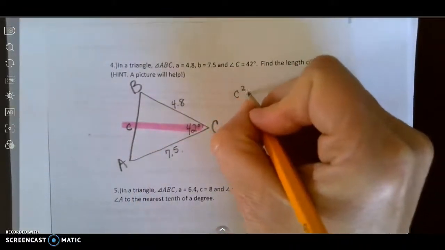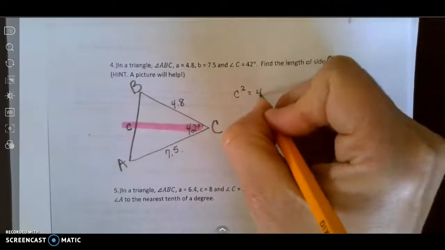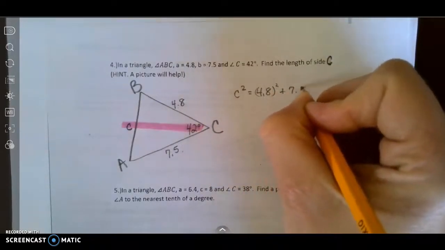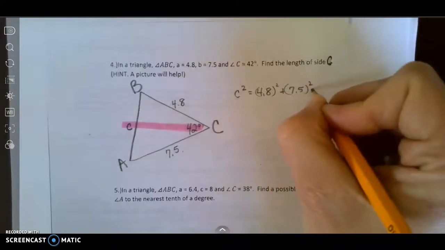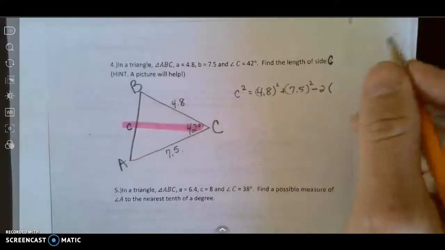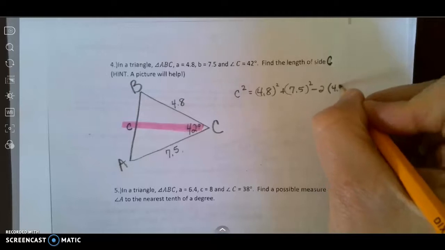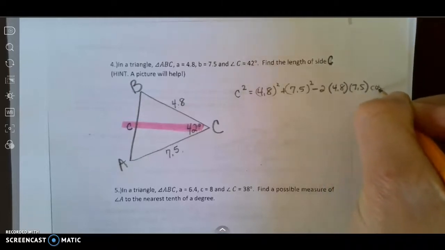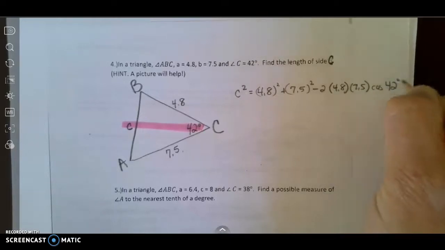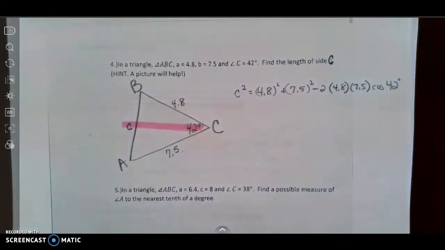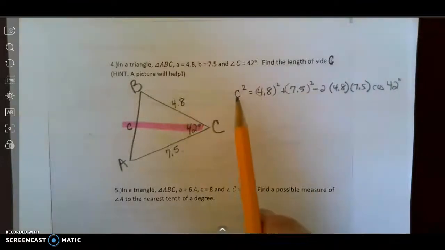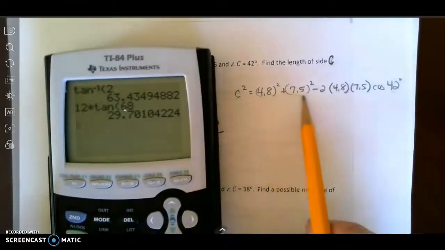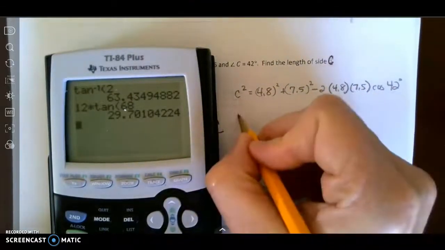C squared equals 4.8 squared plus 7.5 squared minus 2 times 4.8 times 7.5 times the cosine of 42 degrees. Because my variable's here and there's no variable here, I can put this whole piece into my calculator.